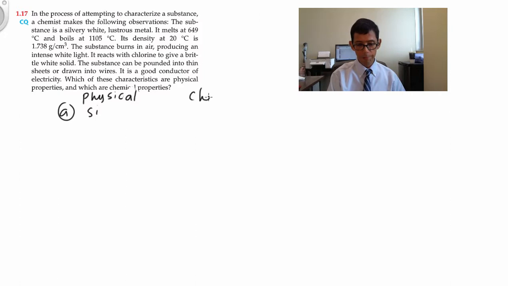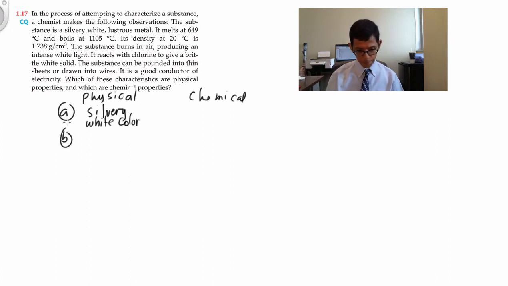And then chemical. So the first one, the color silvery white, obviously while you're observing it, it's not changing into something else. So color is a physical property.